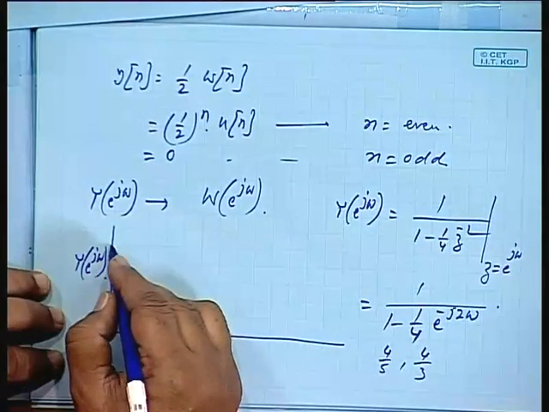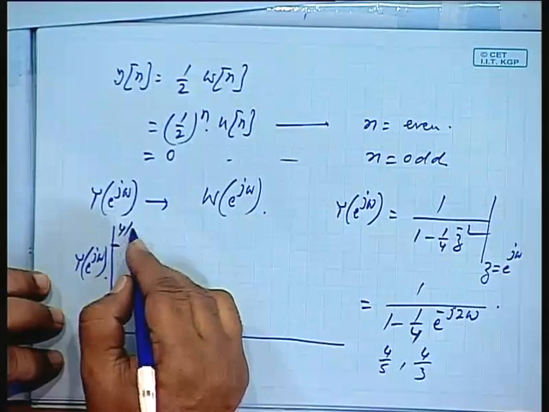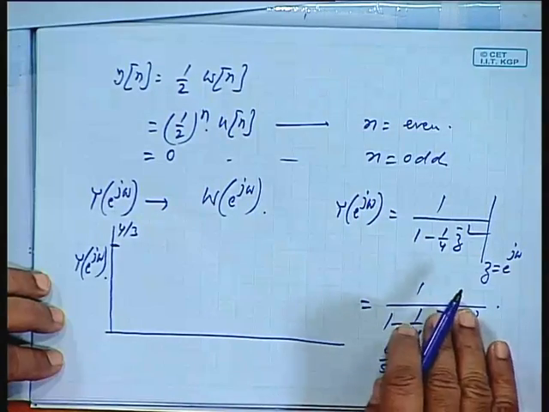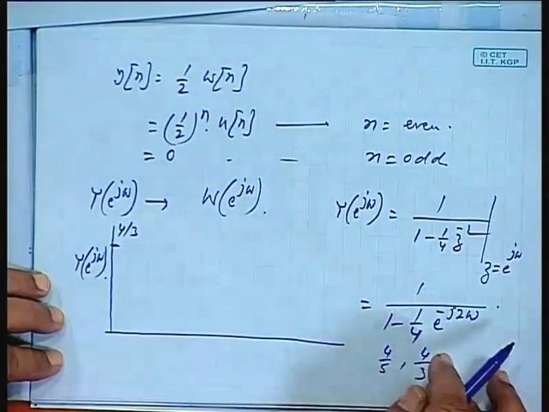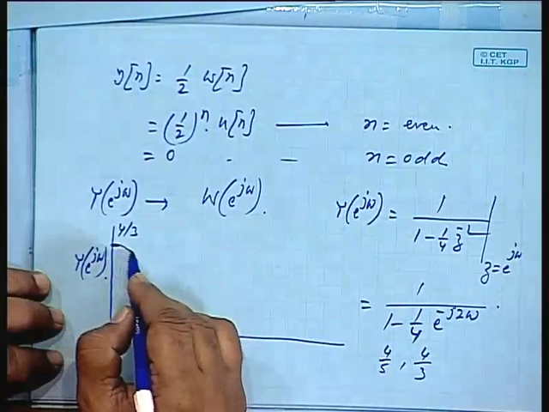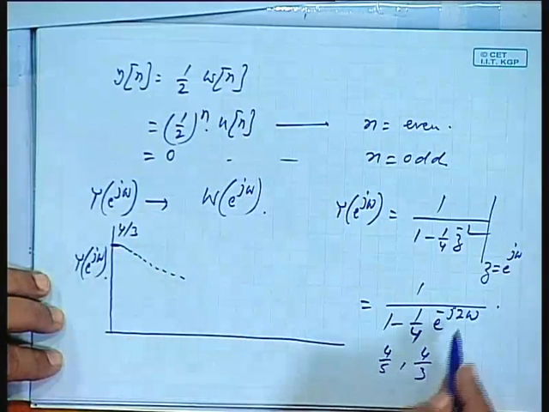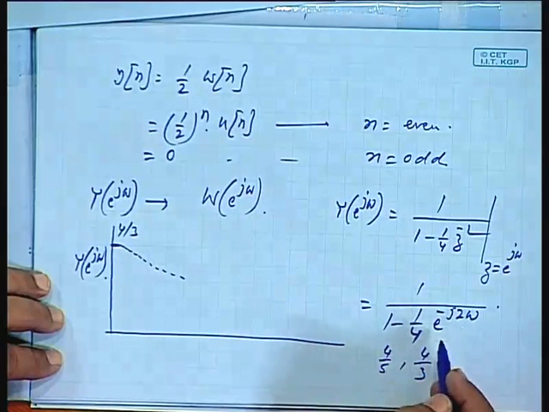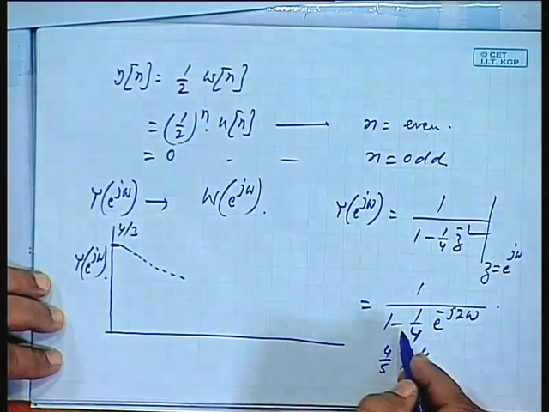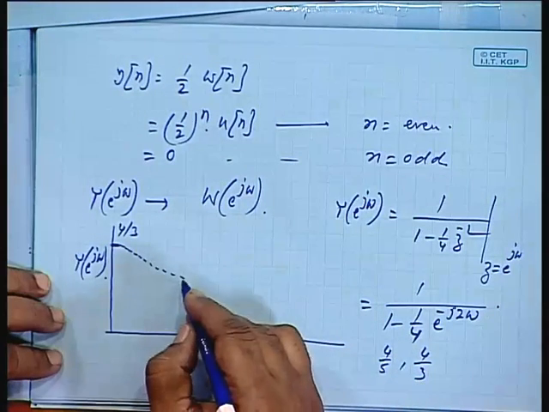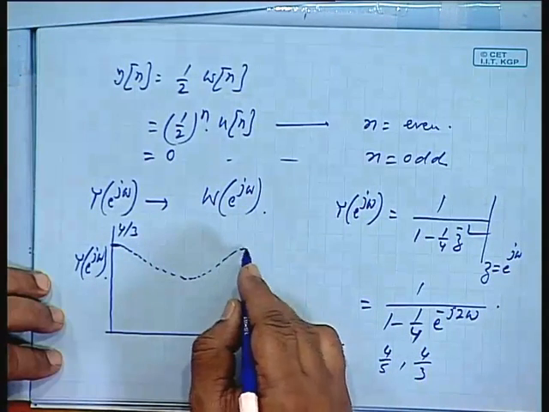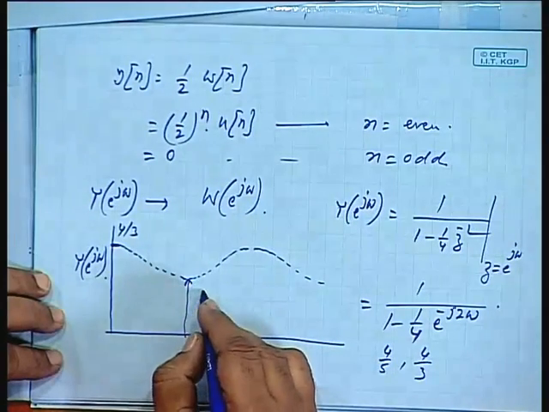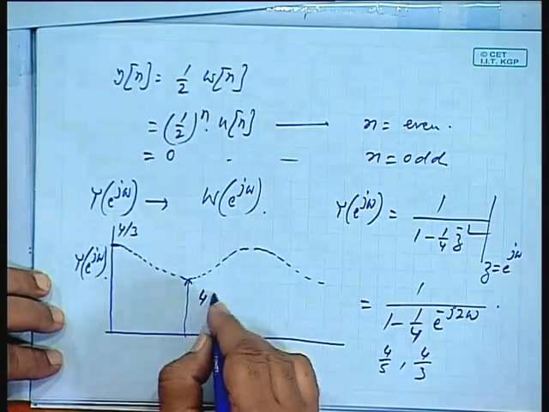So, it will be starting with a value 4 by 3 when omega is 0, this is 1, so 1 by 1 minus 1 by 4, that is 4 by 3, and it will be coming to a minimum value when this quantity becomes plus 1 by 4. So, it will be going like this and this minimum value is 4 by 5.